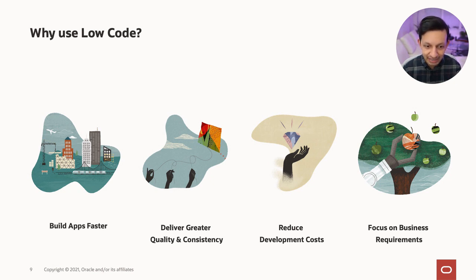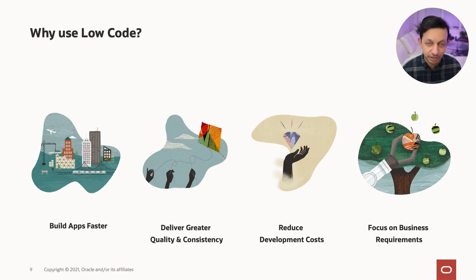And finally, you can focus on business problems, right? You can focus on solving the business problem rather than all the other code required to build applications. For example, you don't have to write code for interacting with the database, for managing your session state, for monitoring your applications, your security settings, your user interface.